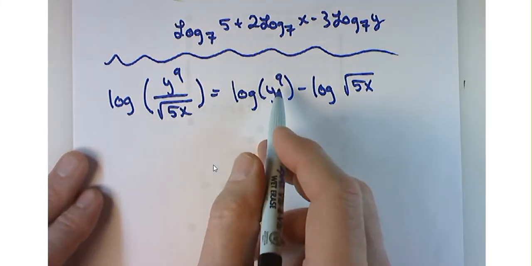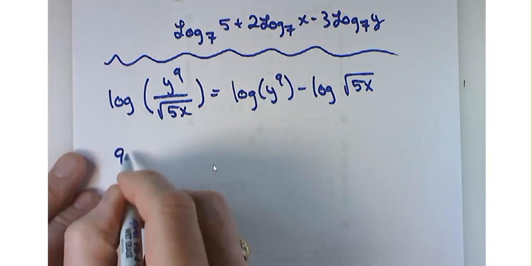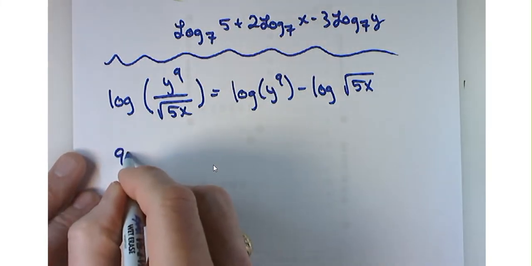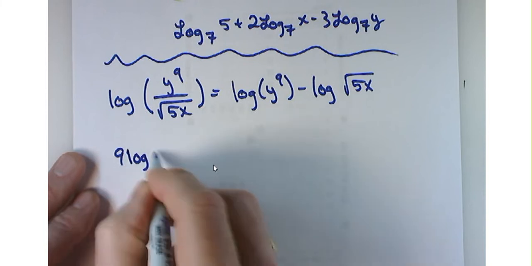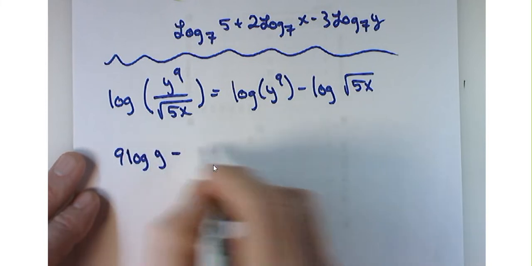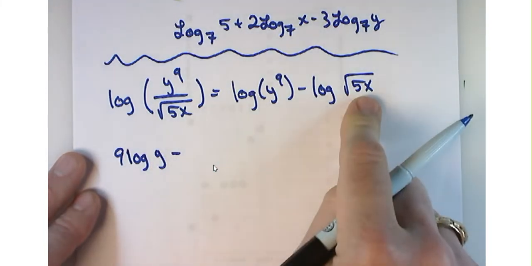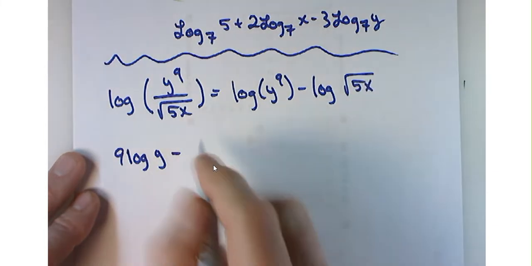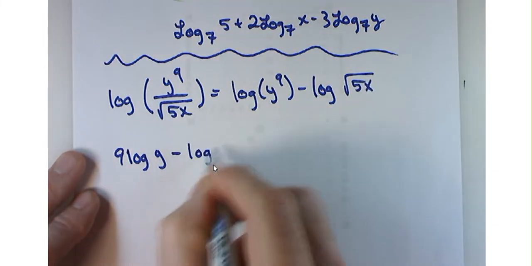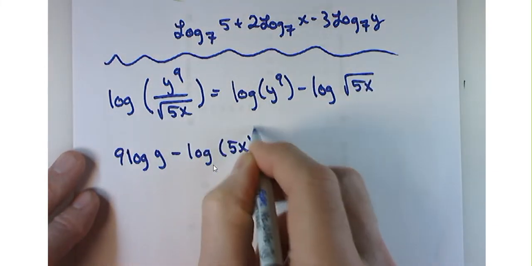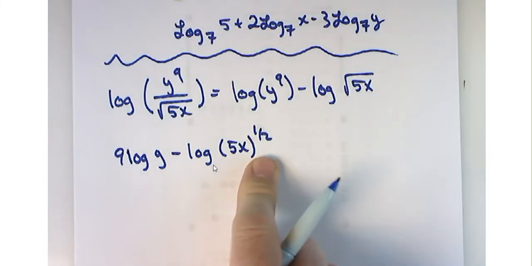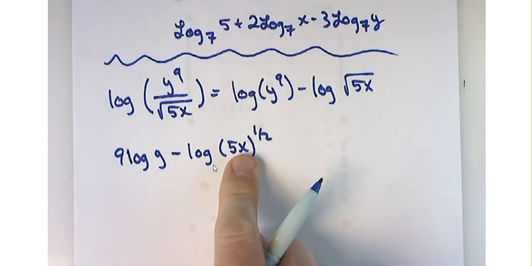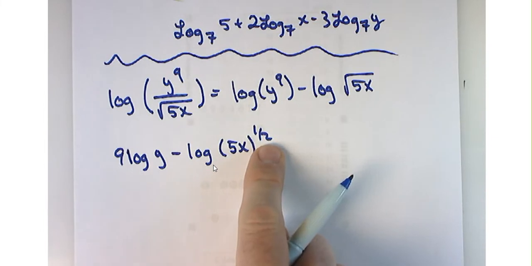Well, the 9 can come out in front. Log of y minus... I can't really bring anything out in front just yet because I've got to rewrite that. I've got to write that as the log of 5x, all to the 1/2. Make sure that it's parentheses, and inside the parentheses is a 5x, all raised to the 1/2.